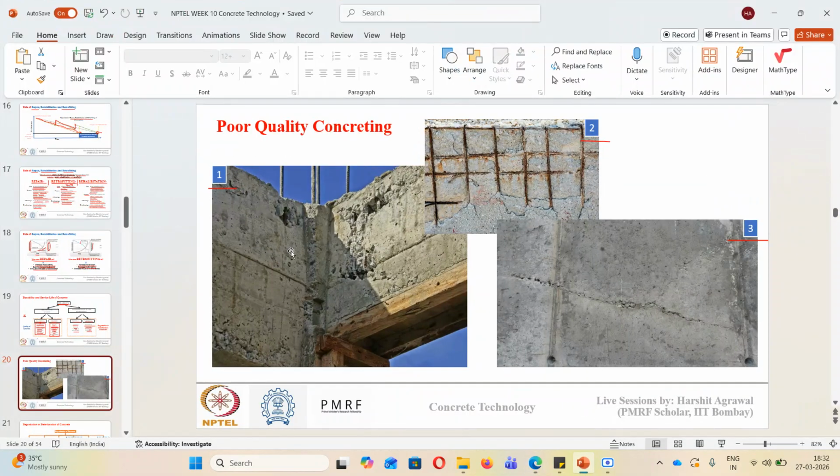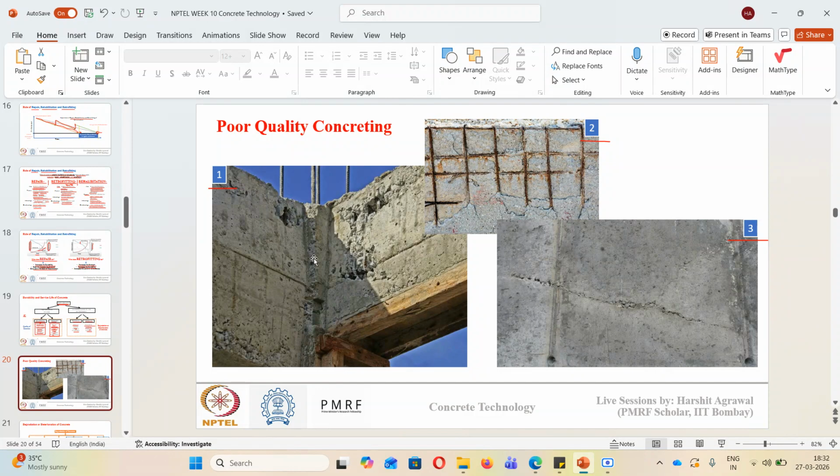Figure 1 shows the presence of big voids on the surface of this reinforced concrete element. These voids are known as honeycombing. They arise mainly due to poor compaction of concrete. Suppose I have prepared a concrete, and while transporting it from the mixing plant to the pouring location, the concrete already started setting, or after pouring the concrete inside the formwork, it was not given proper compaction.